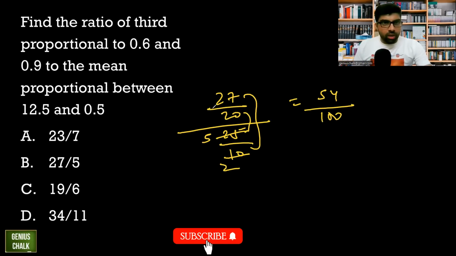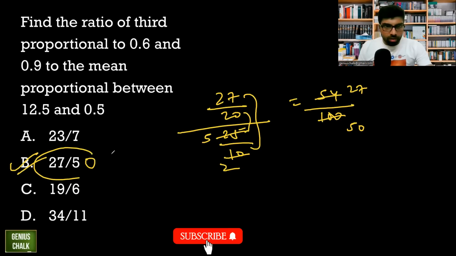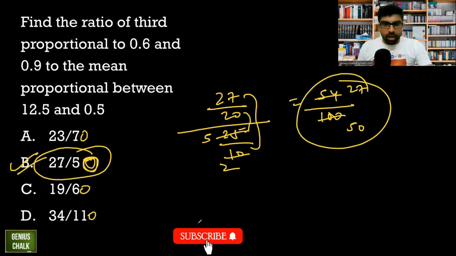What is the ratio of third proportional and this? So this is how much? 27 by 50. So this is my answer. Option B, 27 by 50. Make it 0 as well. Okay. So 27 by 50 is my answer.